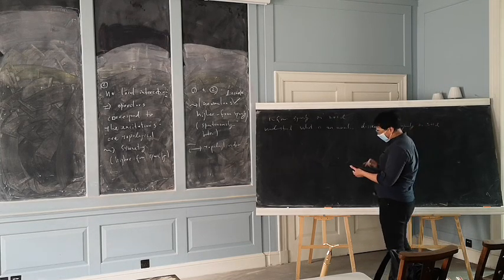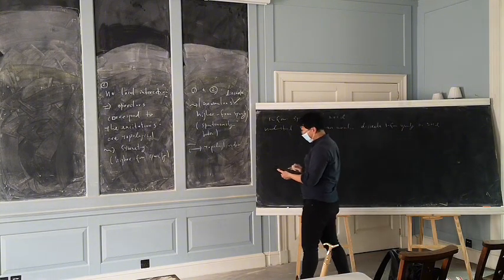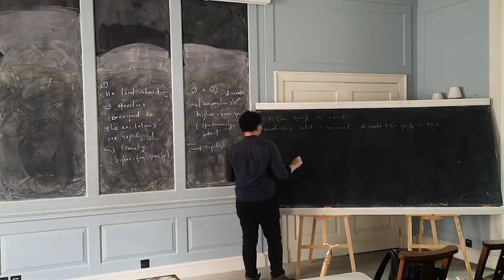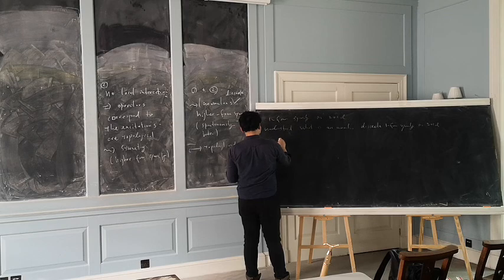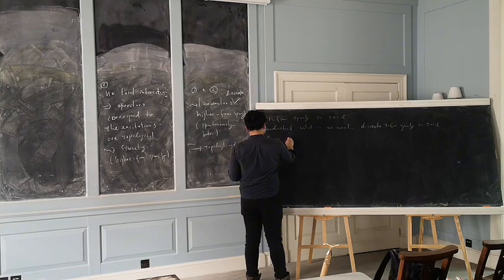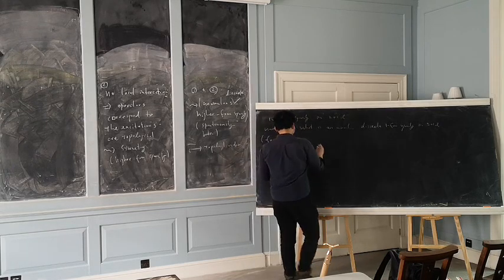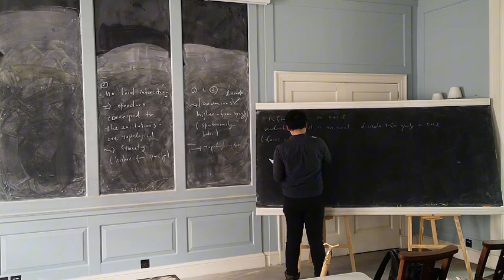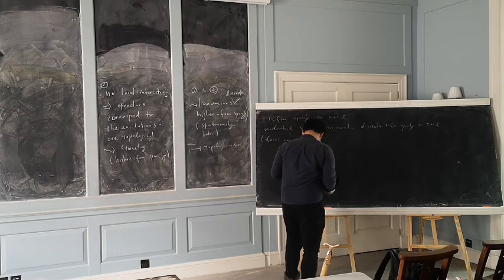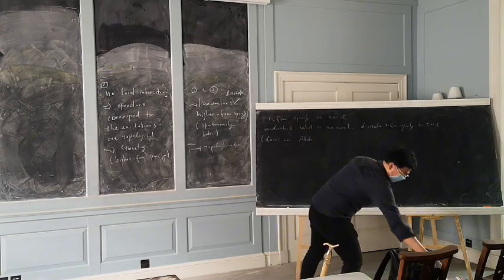Now, as I explained earlier, if you have an invertible one-form symmetry, then the fusion has to be abelian. So here, let's focus on abelian.